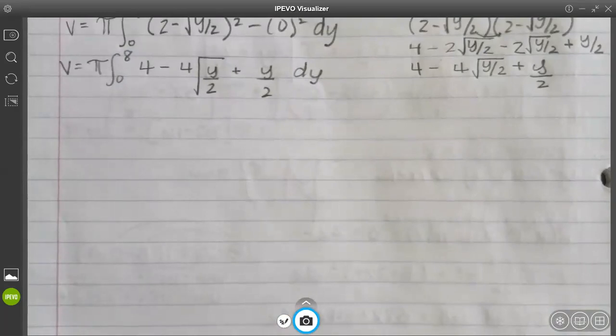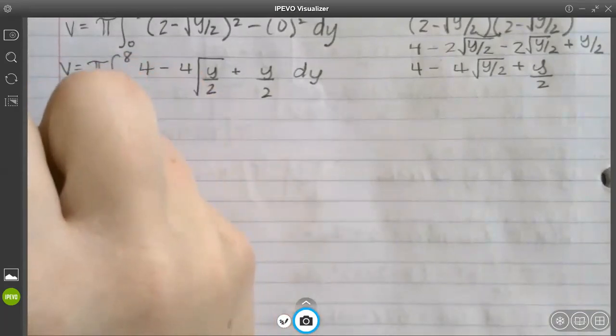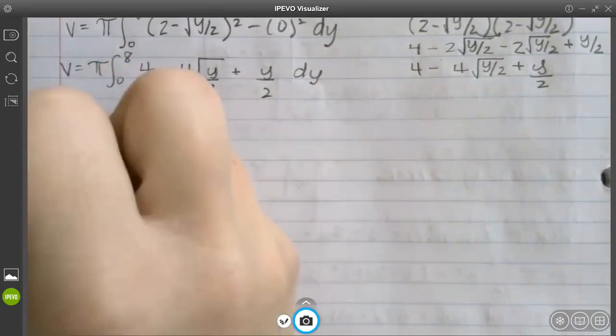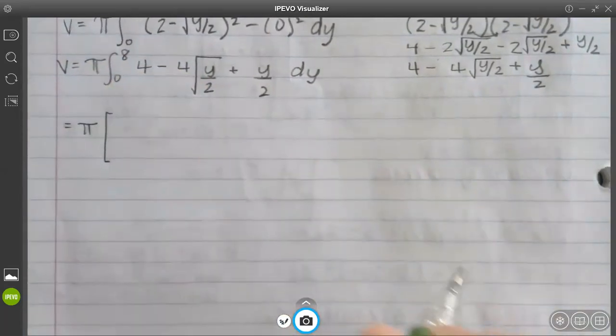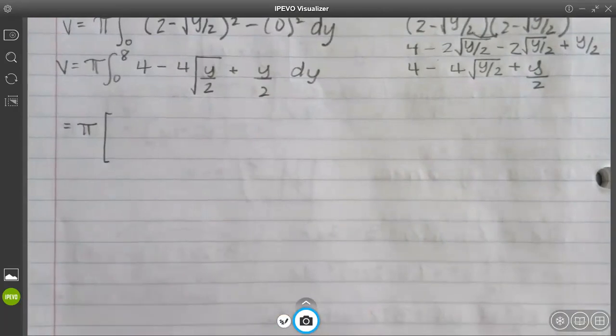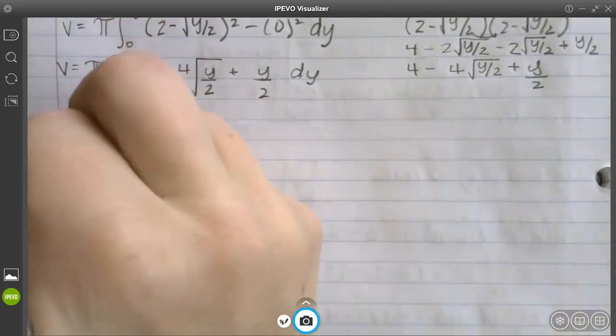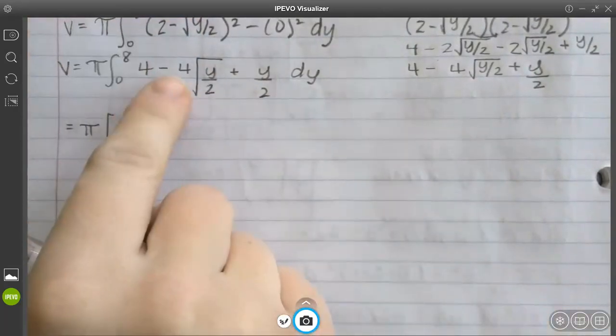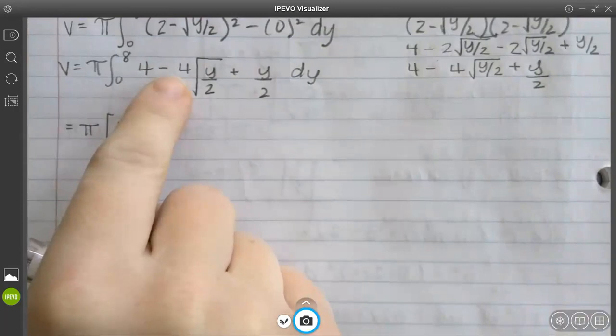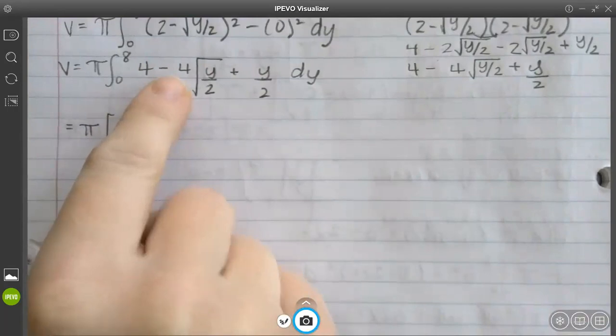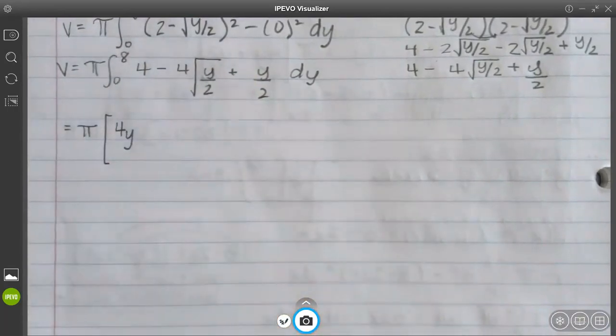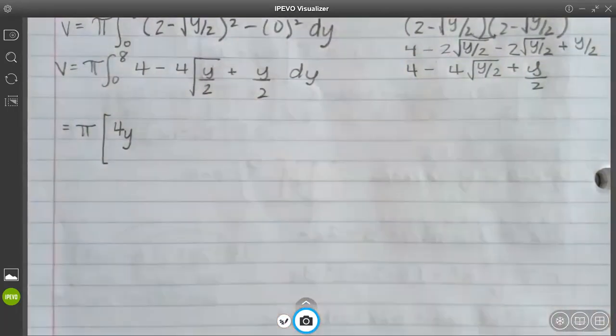All right, Andrew, do the easy one. Remember that this 4 is a constant, right? How can I fix this? I don't even like the way it looks. So this is the problem on this one.